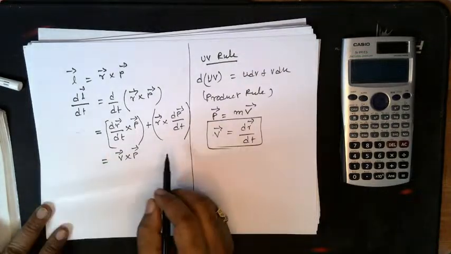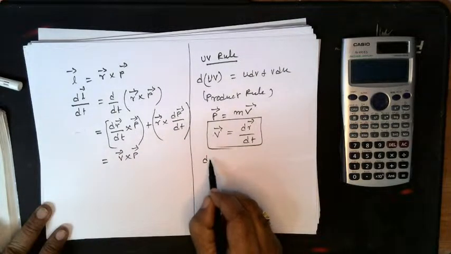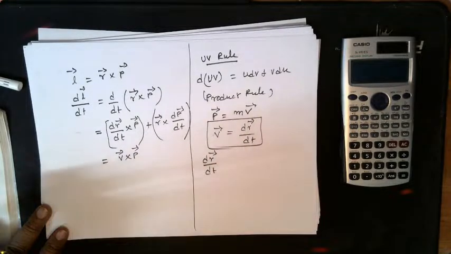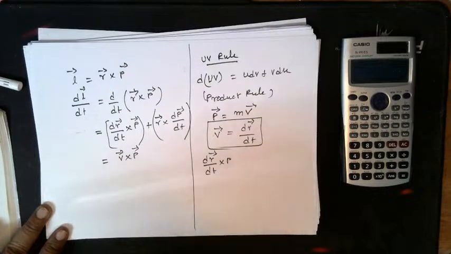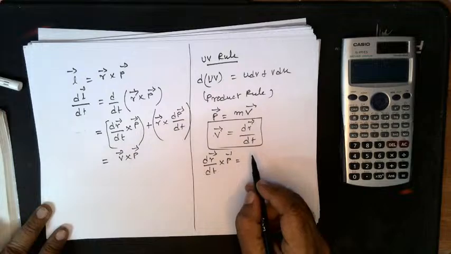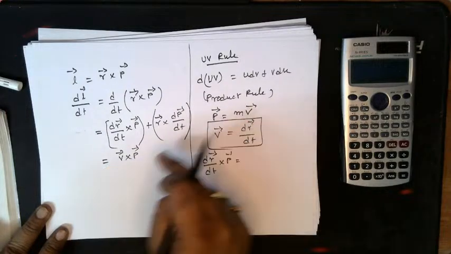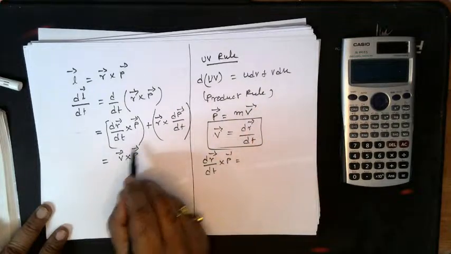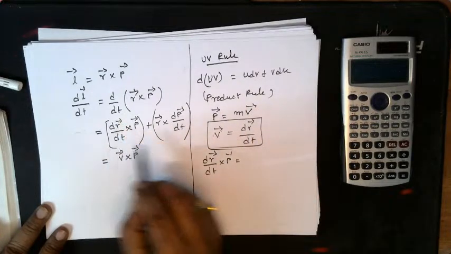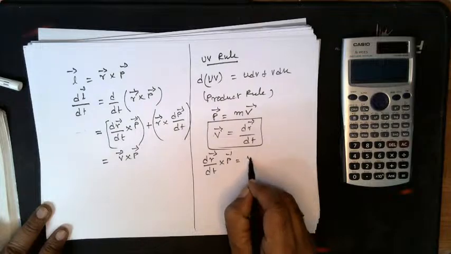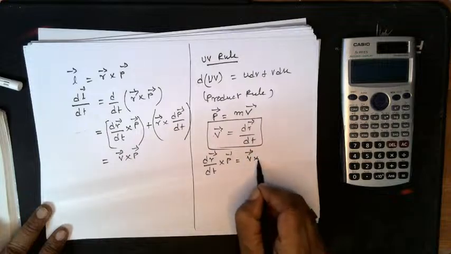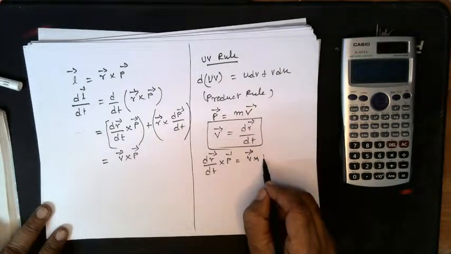Now, this dr by dt cross P vector can be represented as, P is nothing but mv, is it not? And here dr by dt is nothing but v, so we have v vector cross P vector.